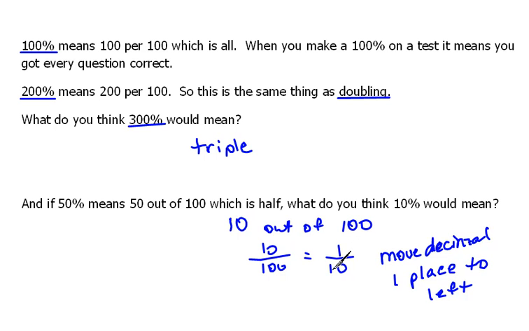If dividing by 100 moves the decimal 2 places to the left, like what we've been doing with the percents and decimals, then 1/10 really means dividing by 10. So that would be moving it 1 place to the left, 1 place rather than 2 for 100. We're going to work with this in the next video and see if we can figure out how all this will work together.